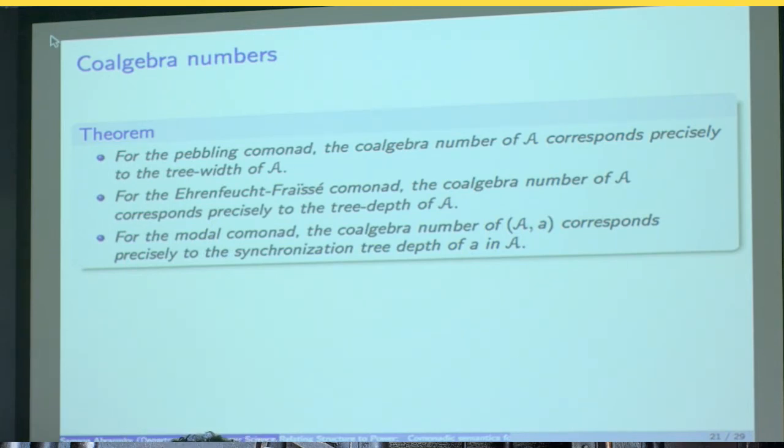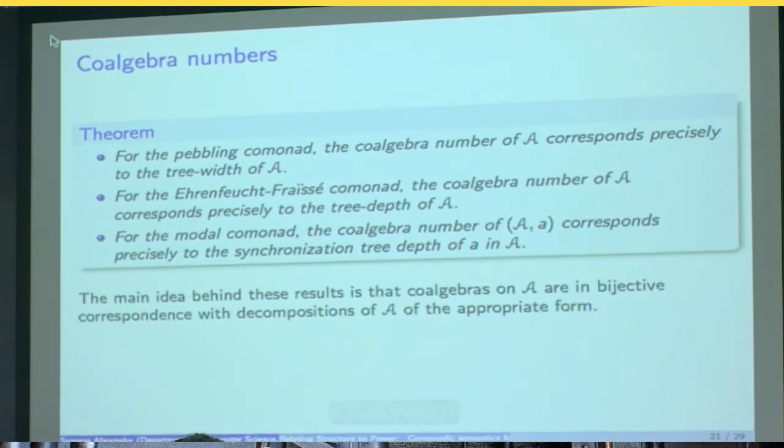So it shows how tree-like a graph or more general structure is. Another important parameter is tree depth. And what we find is that the coalgebra number of a structure exactly corresponds to the tree width of the structure for the case of the pebbling comonad, and for the case of the Ehrenfeucht-Fraïssé comonad, the coalgebra number corresponds precisely to the tree depth, which is also found in Rossman's proof of the homomorphism preservation theorem.